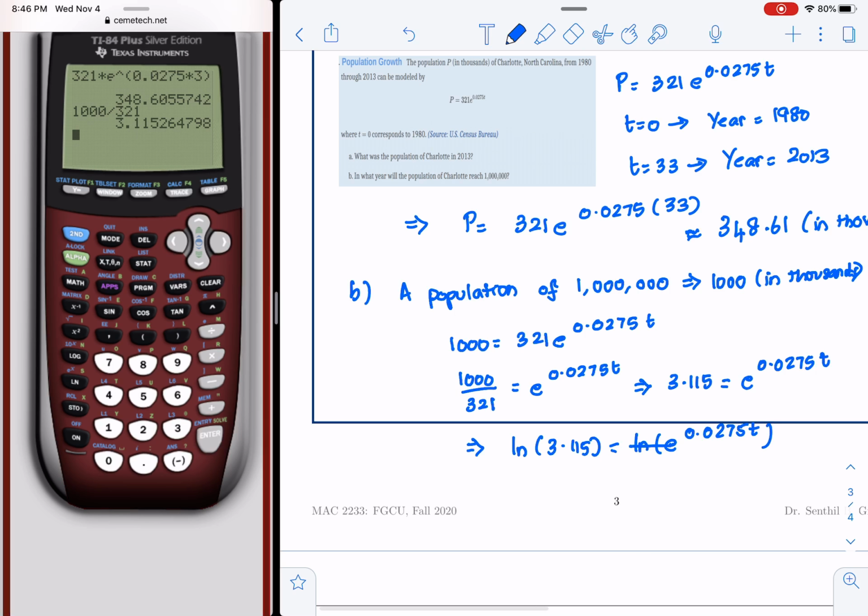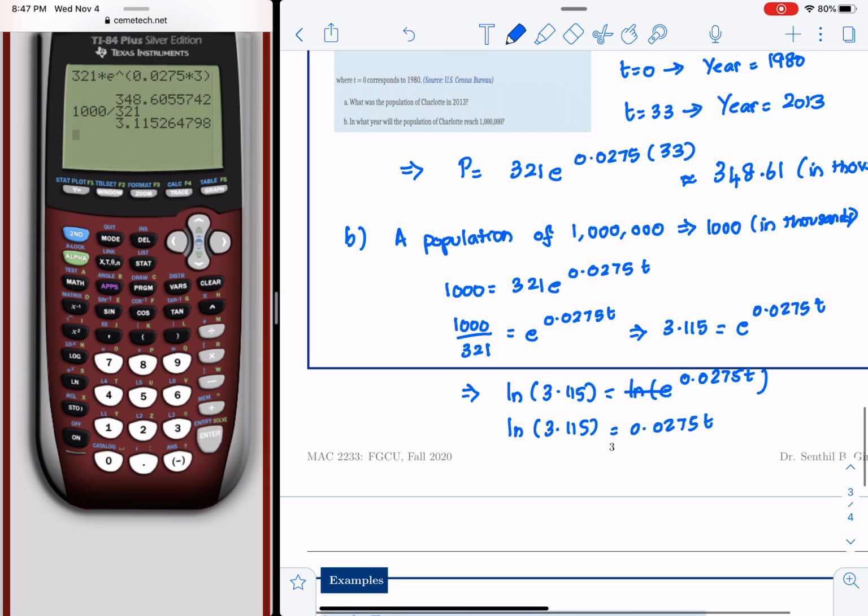The ln and the e would go away, so we will have ln of 3.115 equals 0.0275t, which would imply t is equal to ln of 3.115 divided by 0.0275.